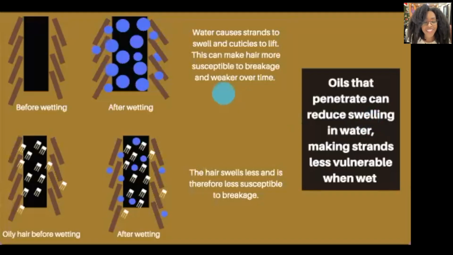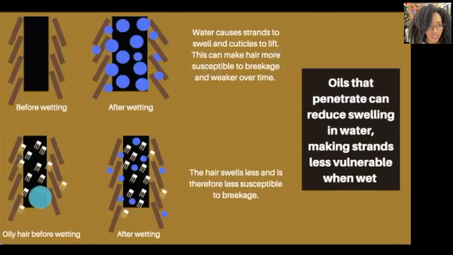Something else to note is that oils that can penetrate reduce your hair's swelling in water, making your hair less vulnerable when it is wet. So this is a dry hair fiber, and then when you wet it, it swells, the cuticles lift a bit, and this can make your hair more susceptible to breakage and then weaker over time, over many cycles.